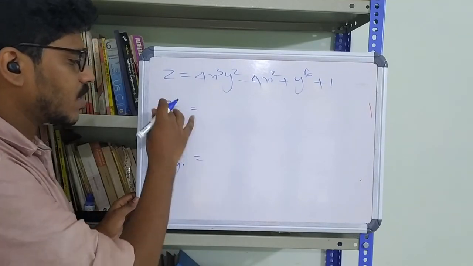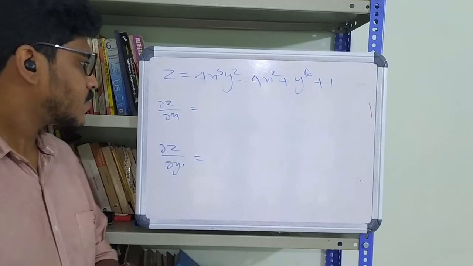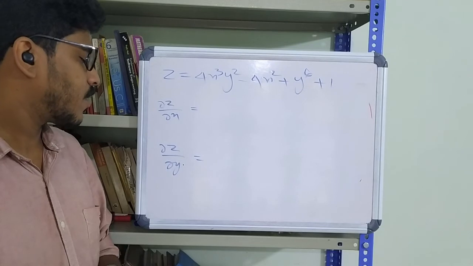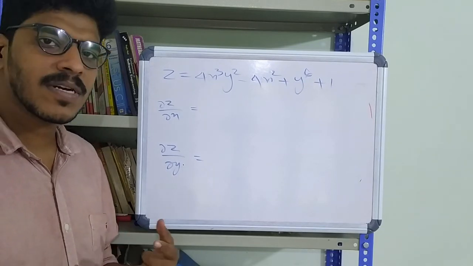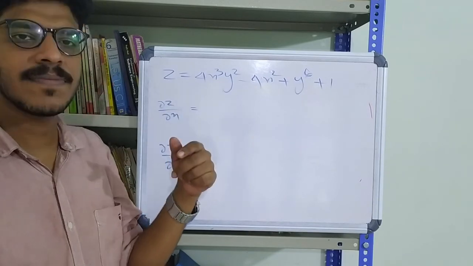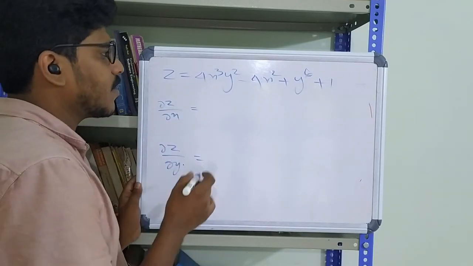So let's first find ∂z/∂x. See, how did we explain ∂z/∂x? To find ∂z/∂x, we need to just simply differentiate with respect to x, keeping y as a constant. Right, let's do that.